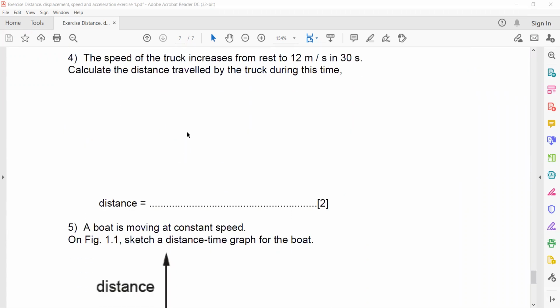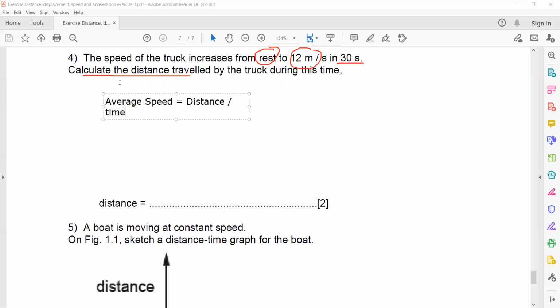In question 4, the speed of a truck increases from rest to 12 meter per second in 30 seconds. Calculate the distance traveled by this truck during this time. So how to calculate the distance traveled when the speed is changing? We know average speed is equal to distance divided by time.